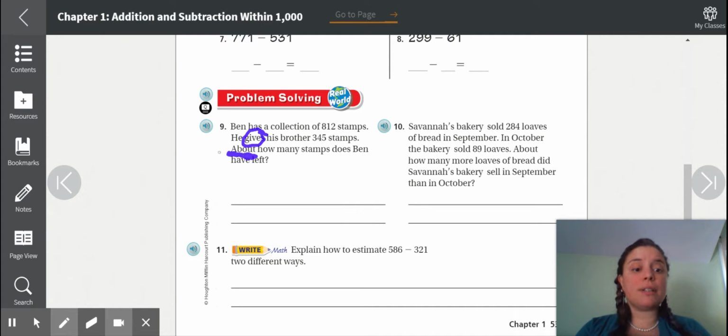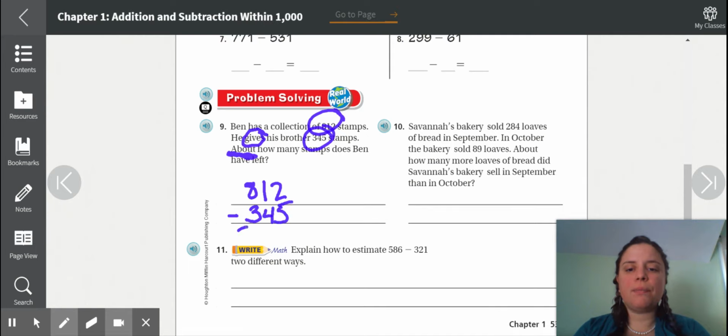So what you're going to do here is set up your subtraction problem with the numbers they gave you, which is 812 and 345. And then next to it, you're going to round the numbers and then do it that way. So 812 minus 345.